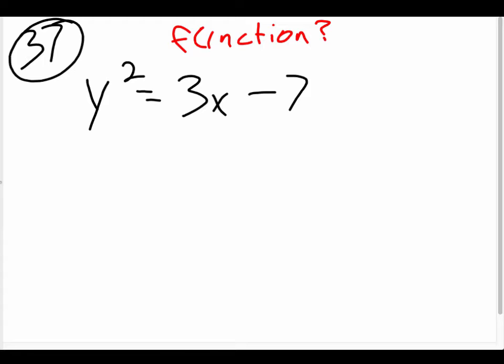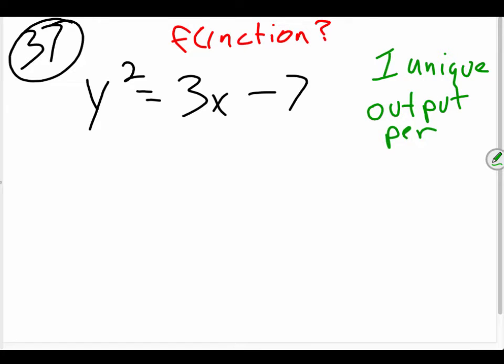Yes. There can only be one y value for one x value. He said one unique. I'm going to use a little more formal definition, but there's one unique output per input.